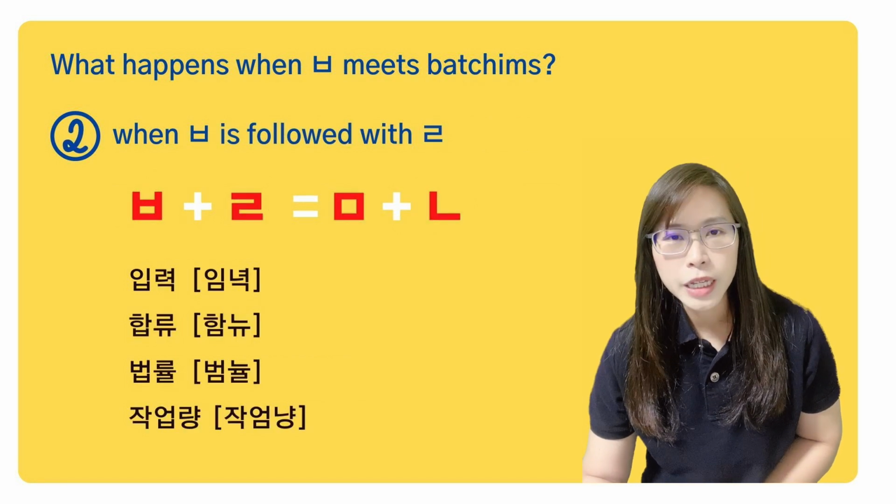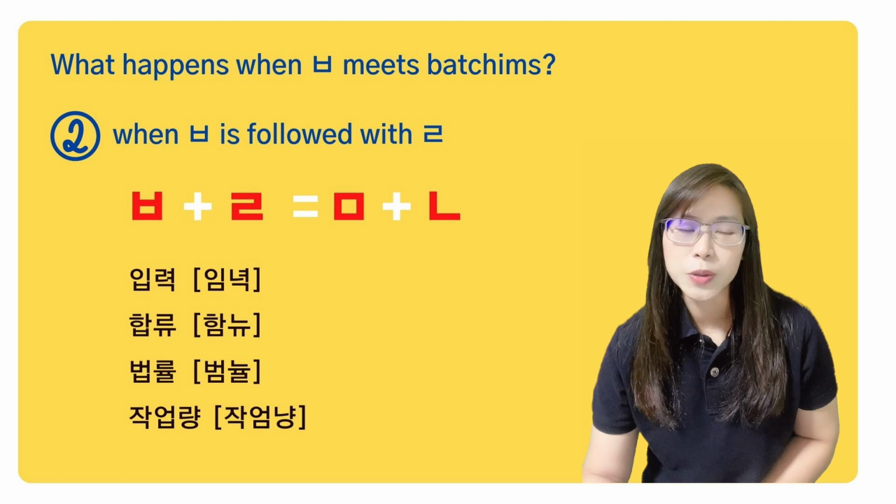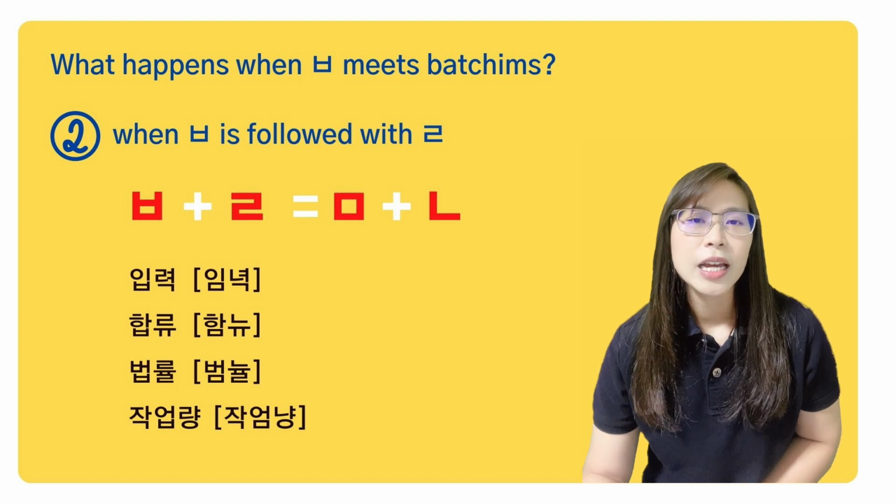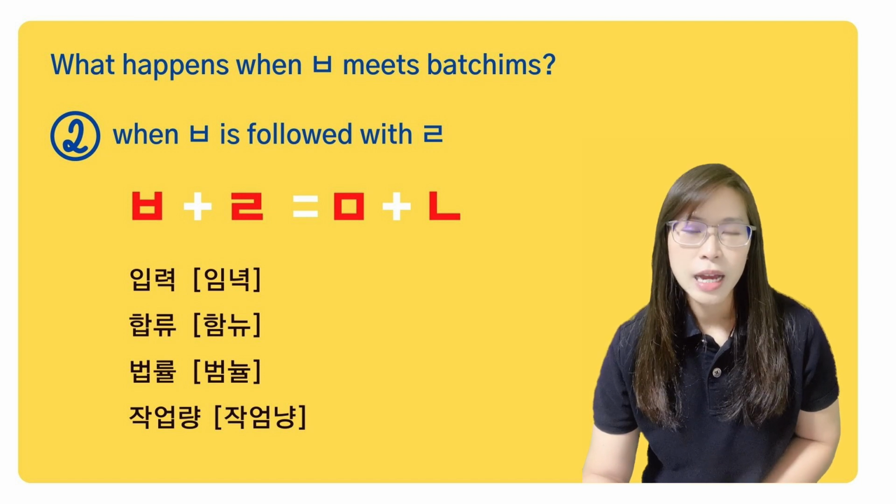Now let's look at the next consonant. If the B is followed with an L, for example, 입력. 입력 is pronounced as 임력. 합류. 합류 is pronounced as 함류. Very good.